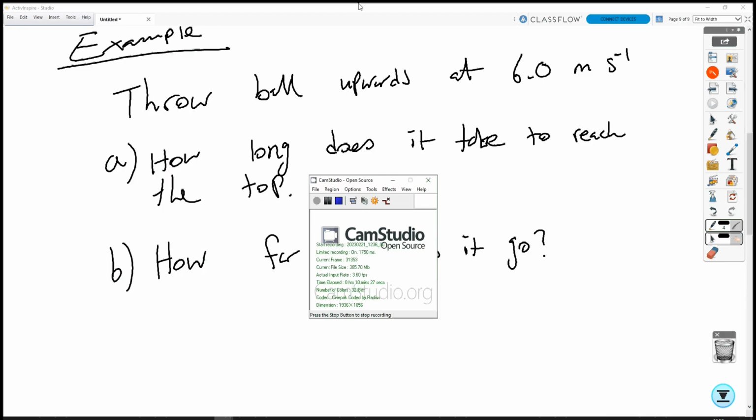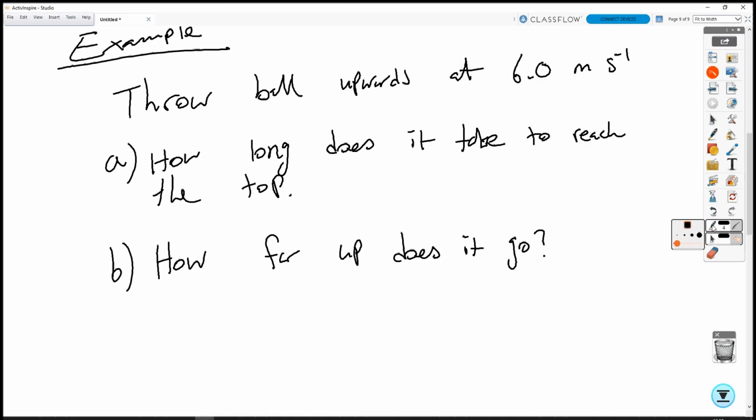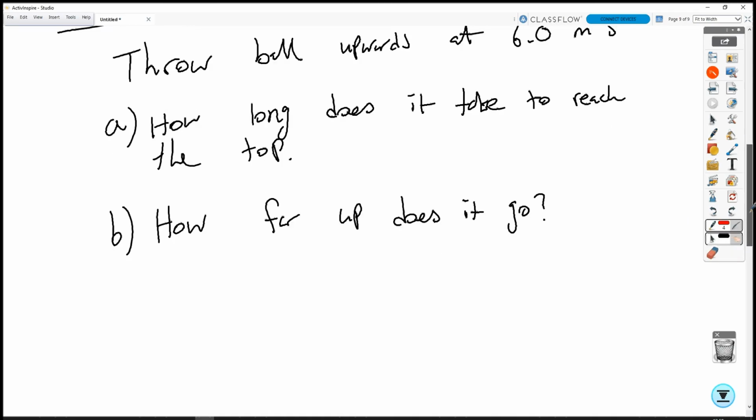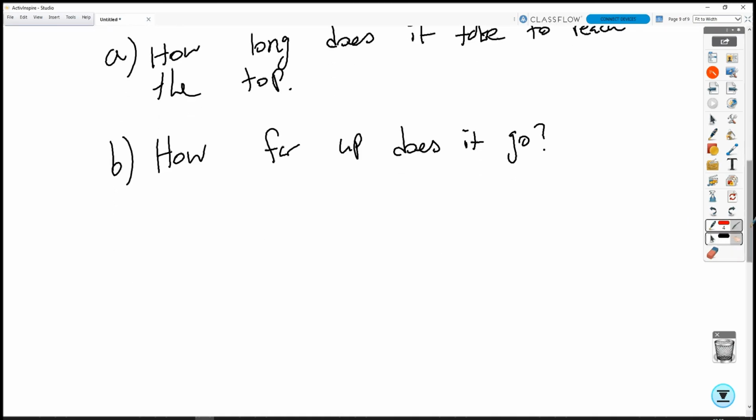Right, let me solve it. Right, to solve this problem, for part A, we know that when the ball reaches the top of the throw, its maximum height, it's going to stop before it turns around and falls back down.